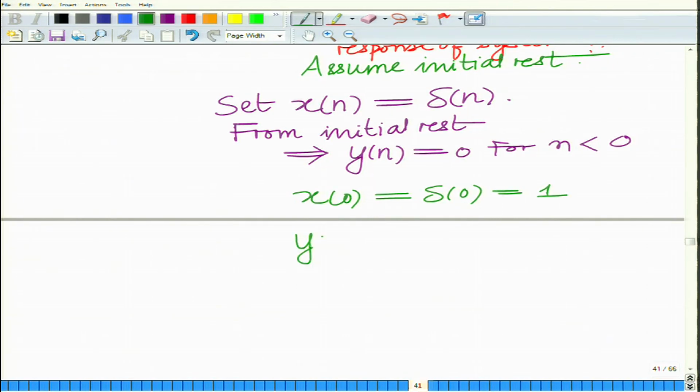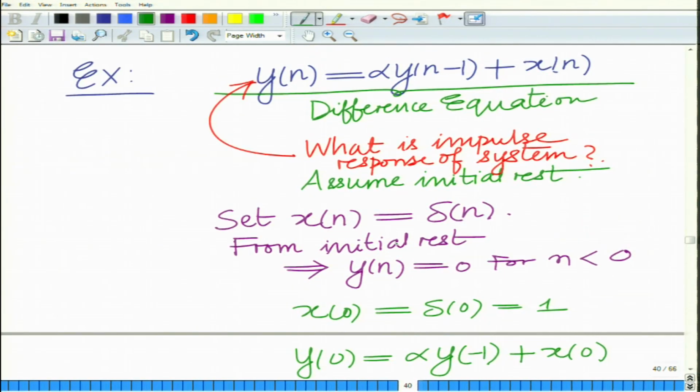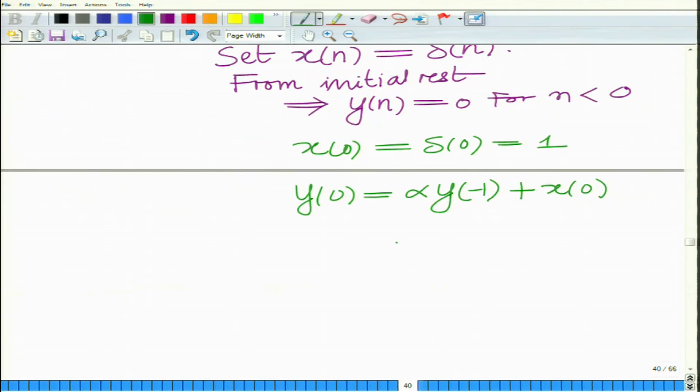We have, from the equation y of n equals alpha times y of n minus 1 plus x of n, setting n equal to 0: y of 0 equals alpha times y of minus 1 plus x of 0, which is equal to simply 1, since y of minus 1 equals 0.